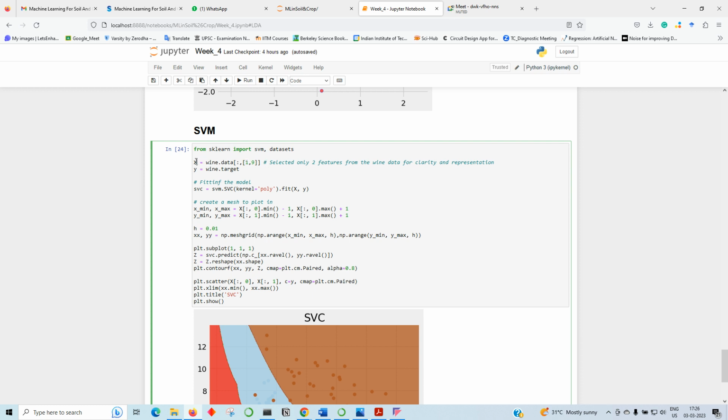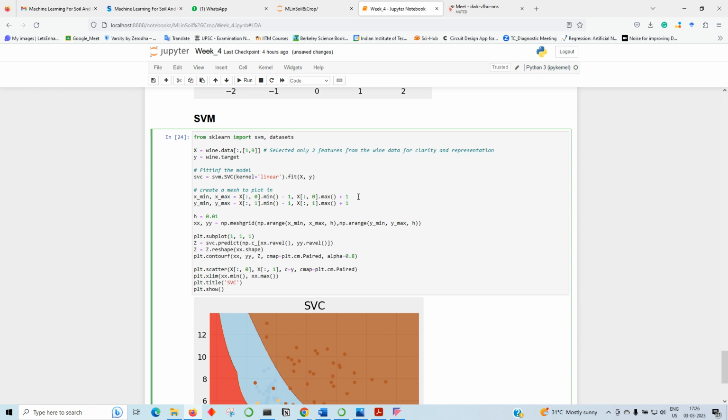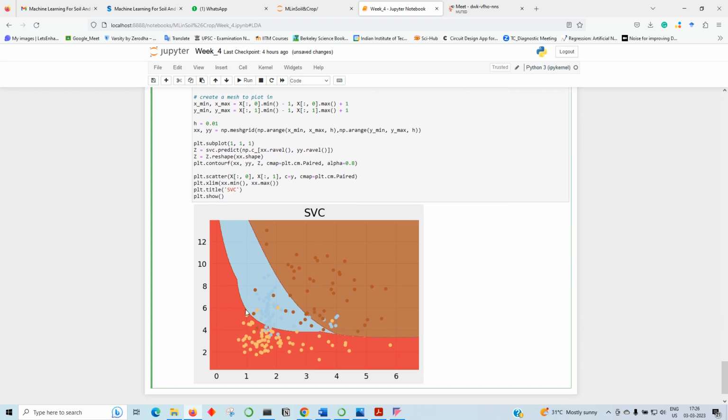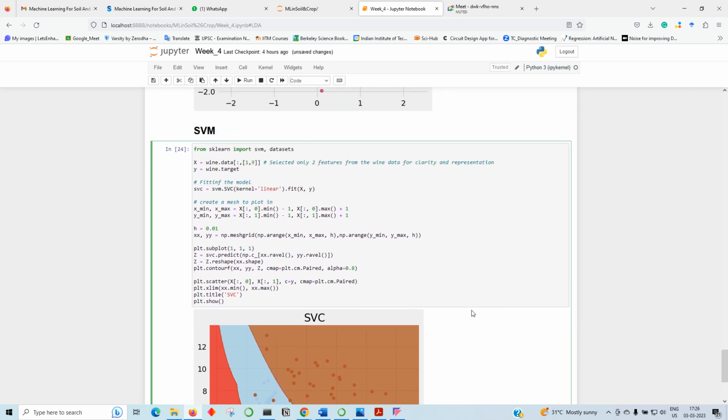So I'm using x as these two features, and the y target is our code, that is 0, 1 and 2. This is our model, svm dot support vector classification. One kernel is the linear kernel. Let's first see what the linear kernel gives us. As you can imagine, instead of curved lines, we are going to see straight lines.